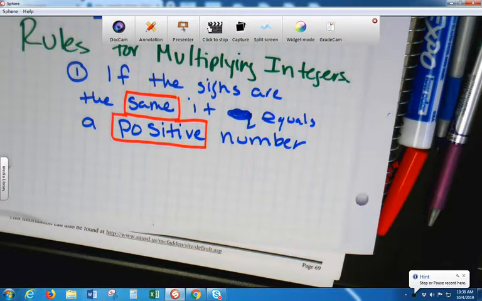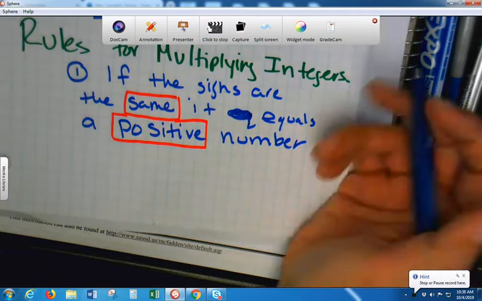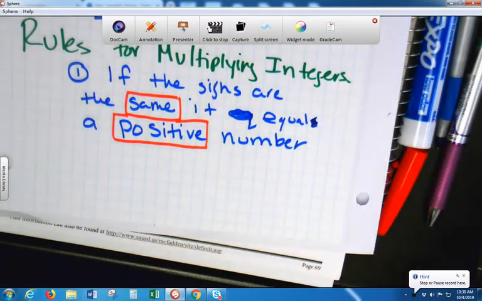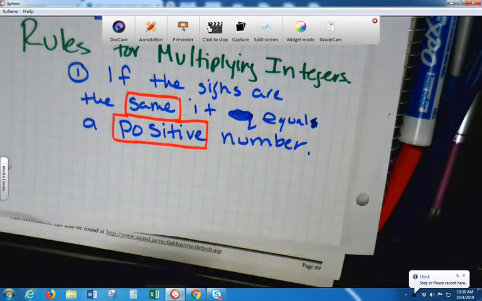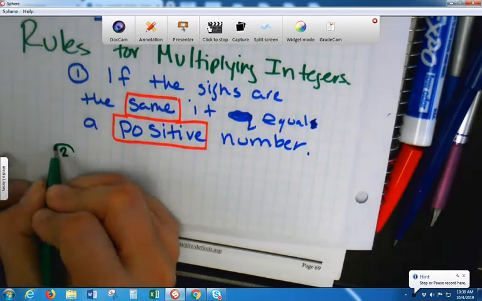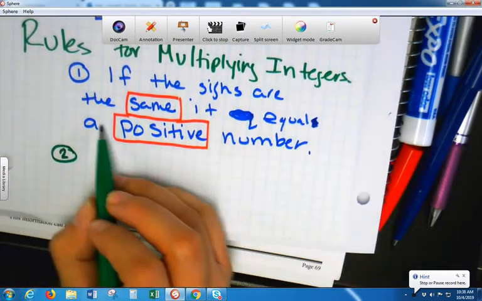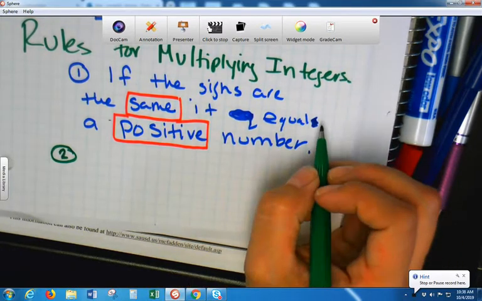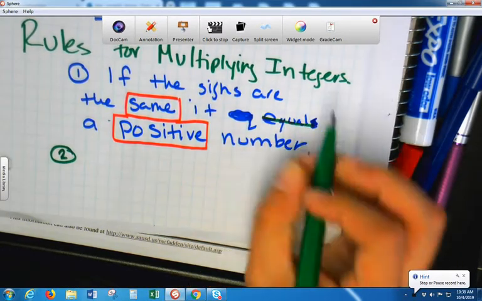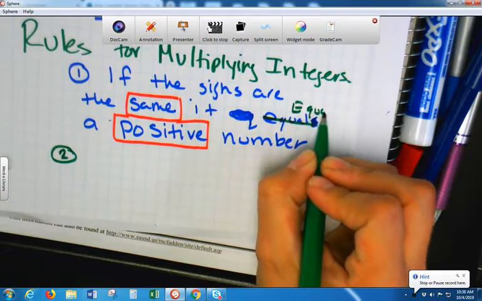Okay, so here's the first rule. If the signs are the same, it will equal a positive number. What do you think if the signs are different? If the signs are the same, it equals a positive number.